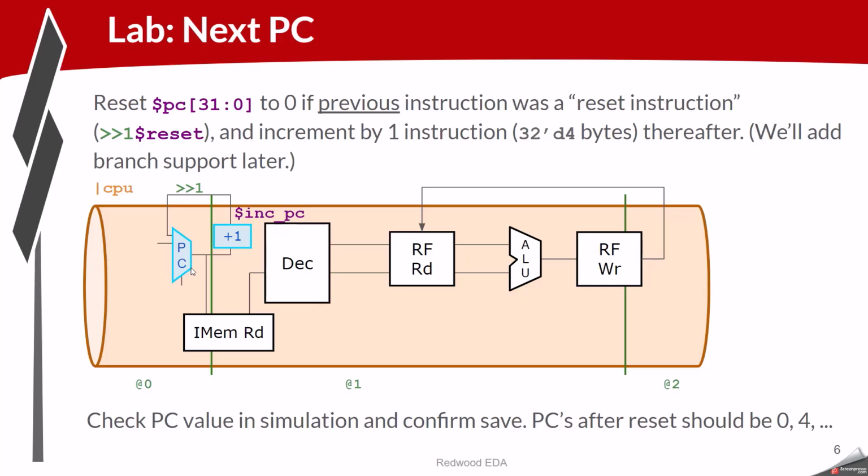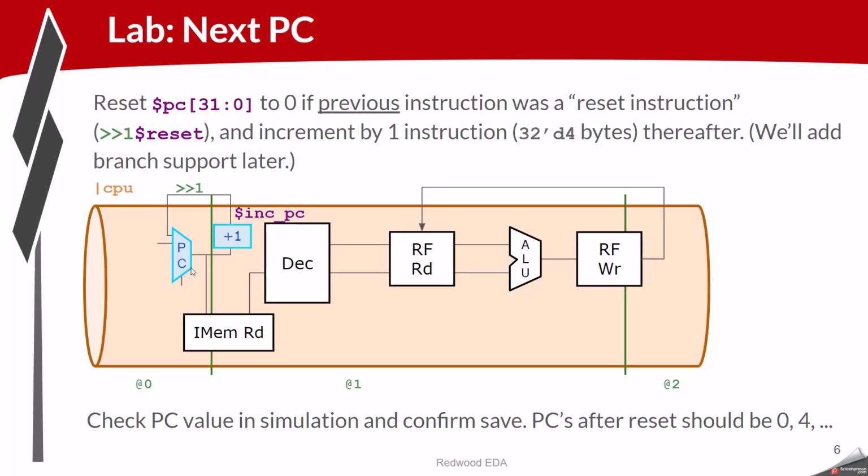And the implication there, there are a couple different ways you could code up the logic to make sure that you're starting with the value of 0. Probably the simplest way is to, instead of resetting on reset itself, reset to 0 based on the reset of the previous instruction, right? So that means if the previous instruction was a reset instruction, then this instruction should use 0.